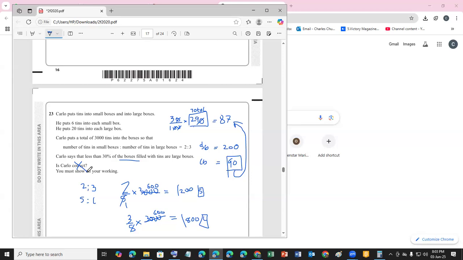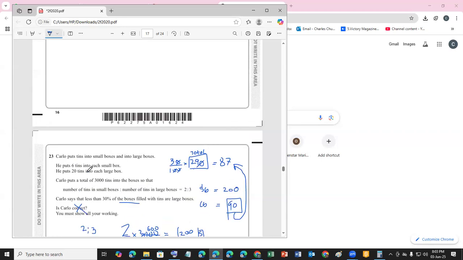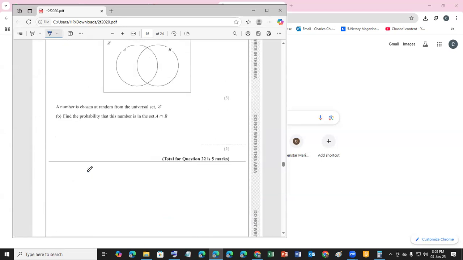Is there another way you could have attempted to solve this question? I think that is how I would do it as well. Okay, all right. Well, let me move on.